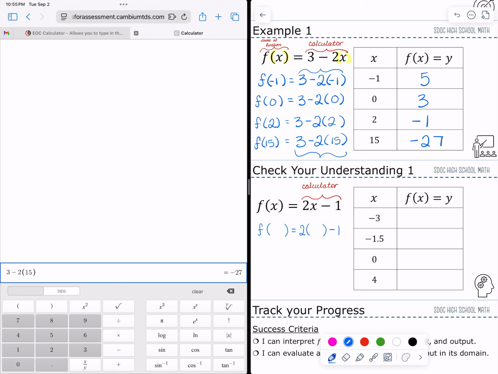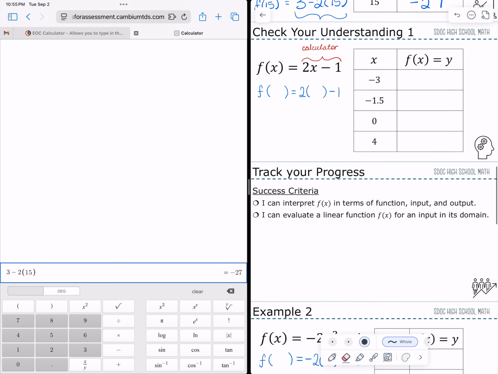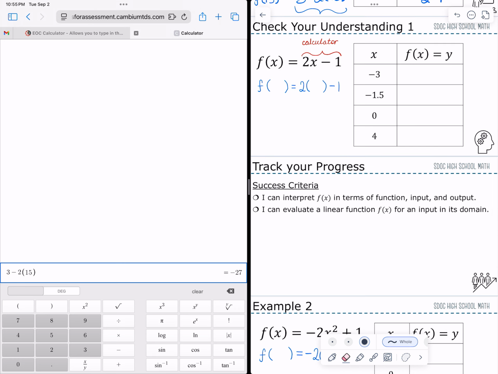All right, so now I've got check your understanding 1. Okay, let's go ahead and look at that problem. On this problem here, I want you doing the same thing that I did on example 1. Keep in mind that the only thing we're putting in the calculator is 2x minus 1.